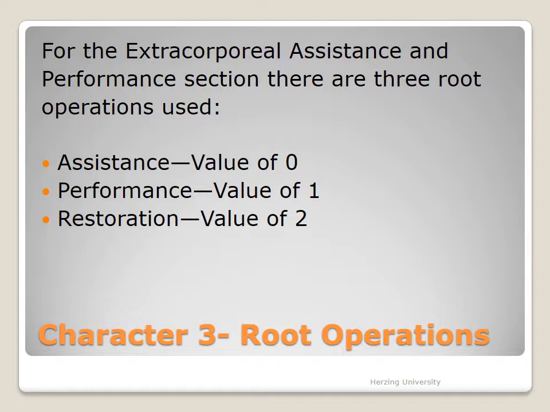The definition is completely taking over a physiological function by extracorporeal means. And the last root operation is restoration, which has a value of 2. Returning or attempting to return a physiological function to its natural state by extracorporeal means.